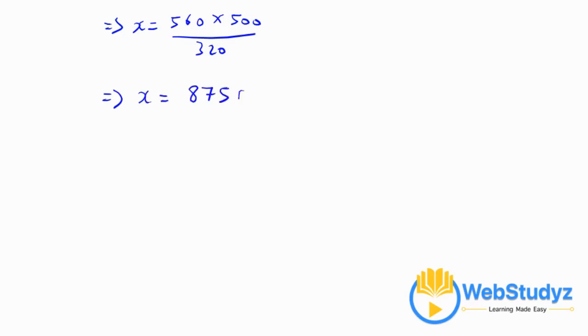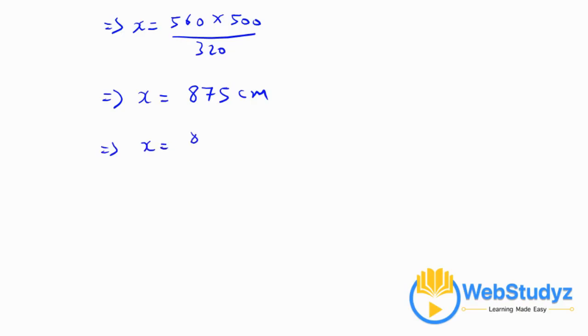So from here we can calculate the value of x, which should be equals to 560 into 500 divided by 320. So from here we get the value of x as 875 centimeter.